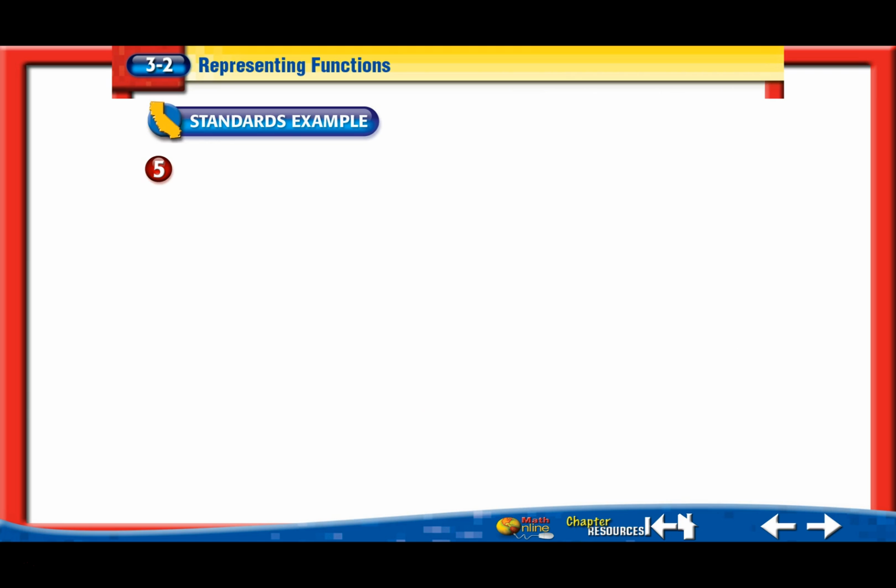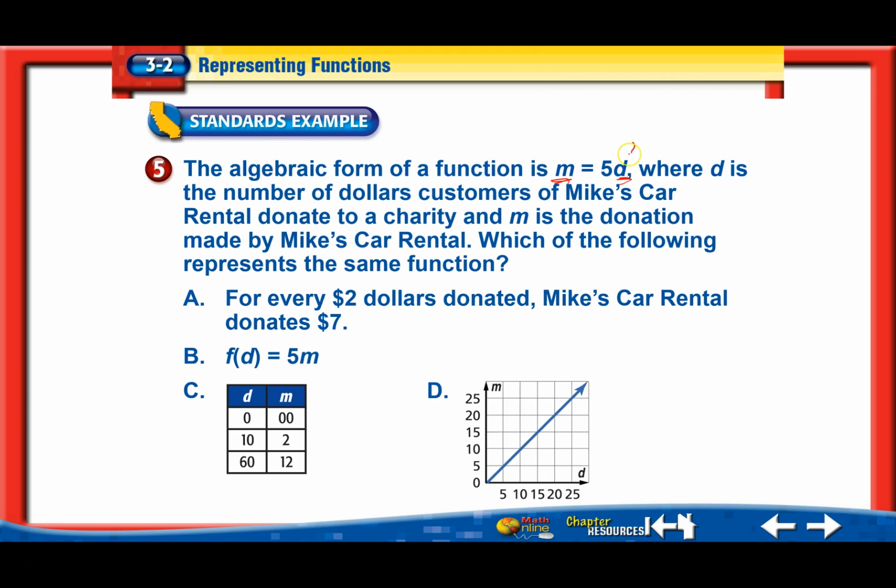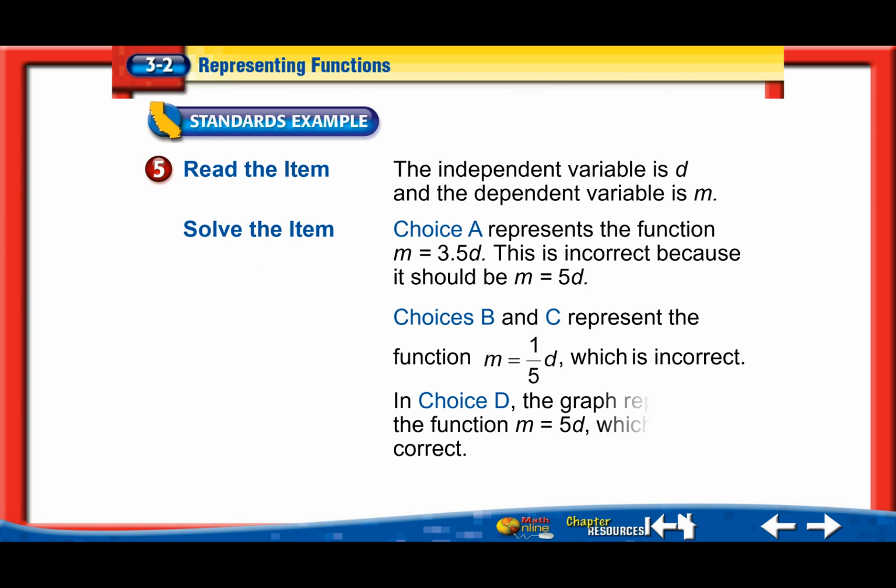So we have to look at the graph, or look at our equation, and then say, does this represent that? Does this represent that? Does this represent that? Be careful of this one. They switched d and m because that would have been probably my first guess. So moving along. Answer is D.